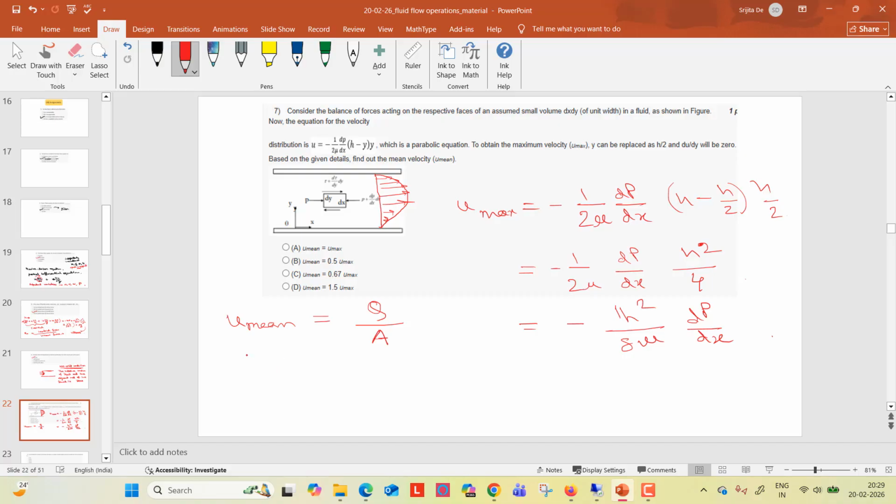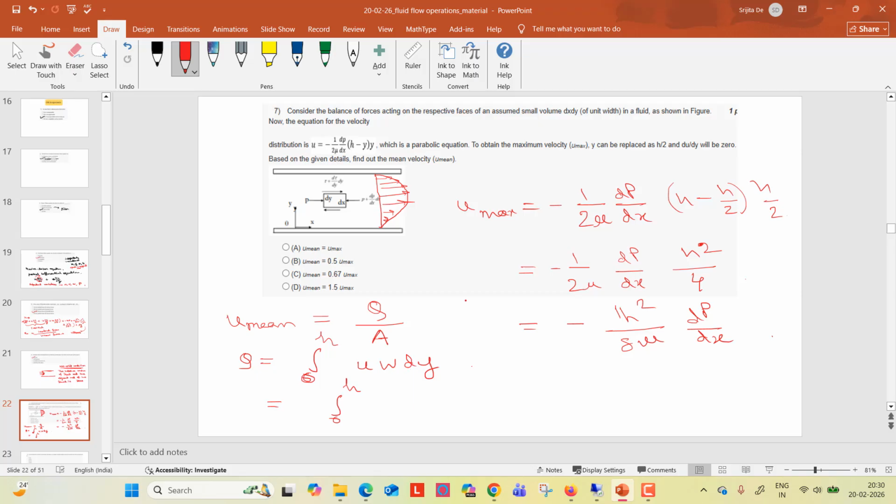q is the integration from 0 to h of u W dy, right? As the width W is 1, we have seen that the width is 1, so we are ignoring it.